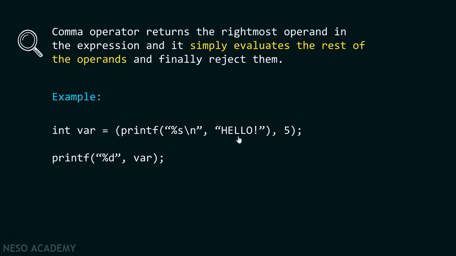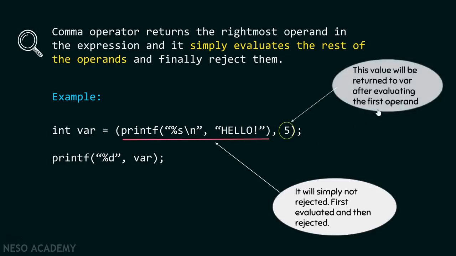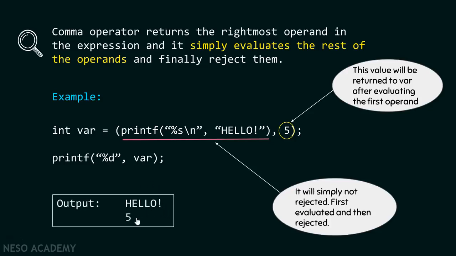You are right. 5 will be returned to this variable, but it will not simply reject this statement. First, it will evaluate the statement and then reject it. This is what we need to know. And this value will be returned to the variable after evaluating this operand. Therefore, the final output is hello and 5. As this function will be evaluated first, therefore hello will be printed first, and then after that, this particular value will be returned to this variable. And finally, we will print this particular variable.